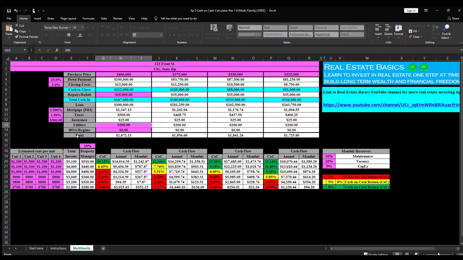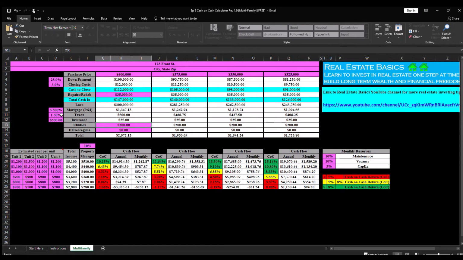Then we get into our monthly payment. So we have our loan amount, and then we have our mortgage payment, your principal and interest, and that's based on this interest rate. And this is revision 1 of the calculator. So it assumes a 30-year fixed rate loan. I am working on revision 2, which will allow you to change the terms of the loan, but for now this is a 30-year fixed rate loan. Then you have your property taxes, right?